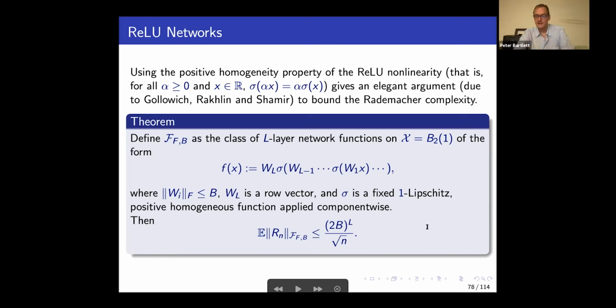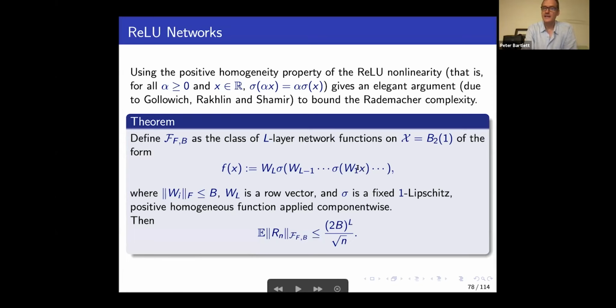So let's look at this example of a class, taking a slightly different notion of the scale of the parameters. I'm using slightly different notation, so you don't have the summation. We're thinking now of these ReLU nonlinearities as being applied component-wise.